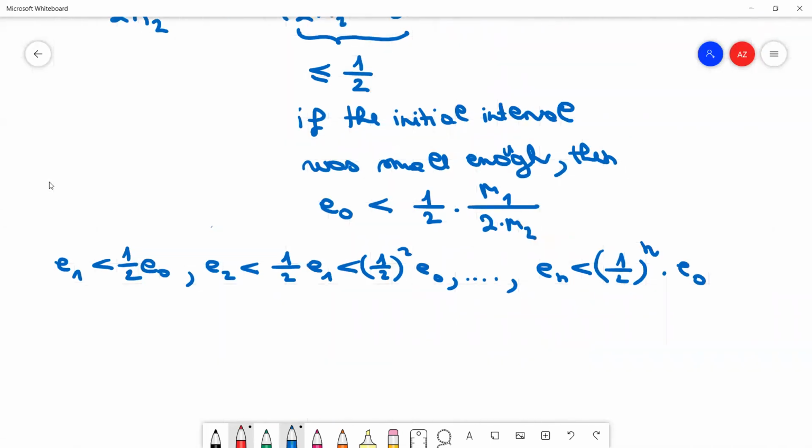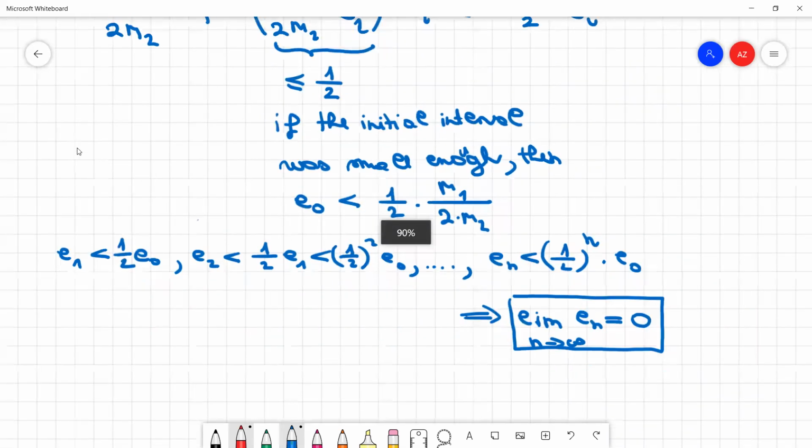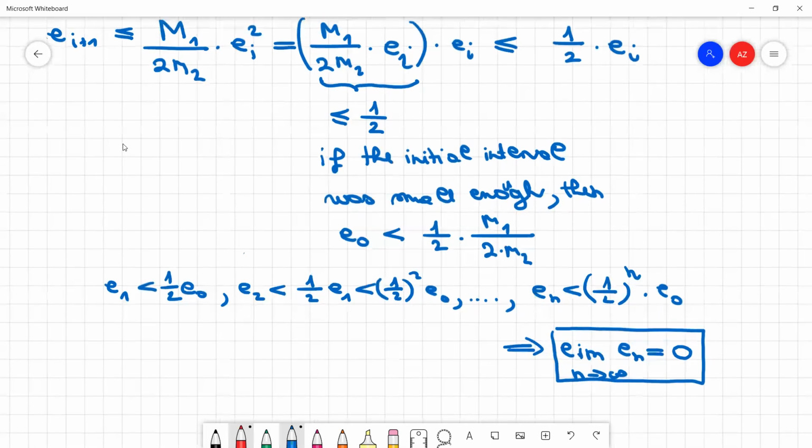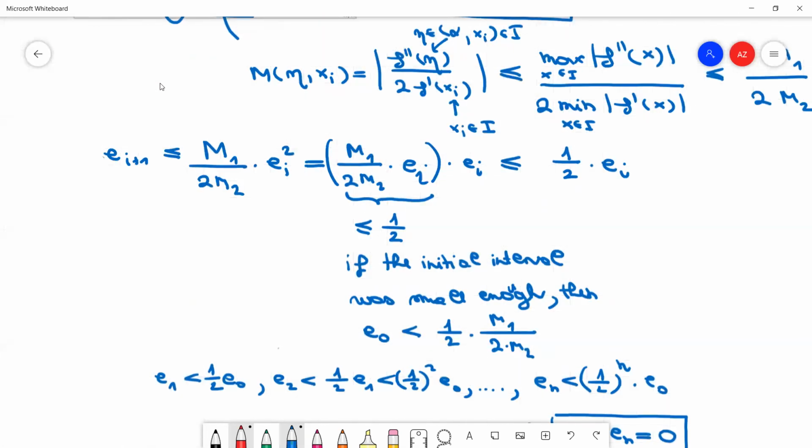So it follows that in the limit, when n goes to infinity, E_n will go to 0. So we, in fact, got convergence. And let's look at what we needed in this proof.